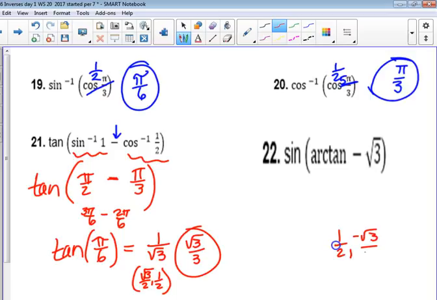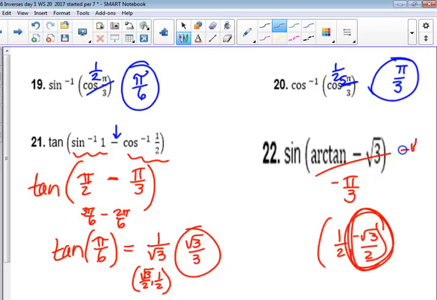So when we put that y over the x, we get just negative square root of 3. And you said that was at negative pi over 3, yes? So what's the sine at that spot? Negative square root of 3 over 2. All right, yes?